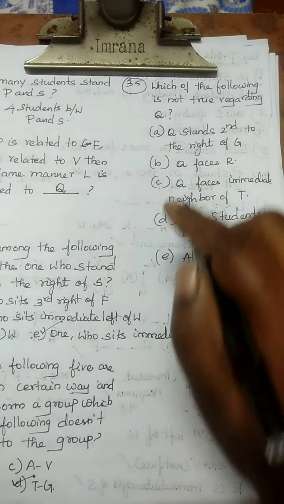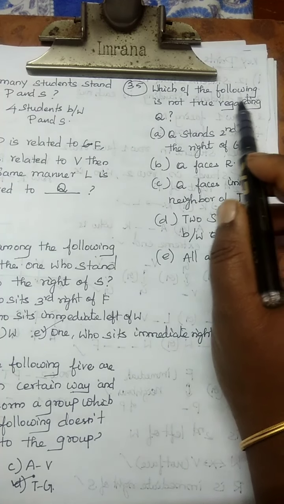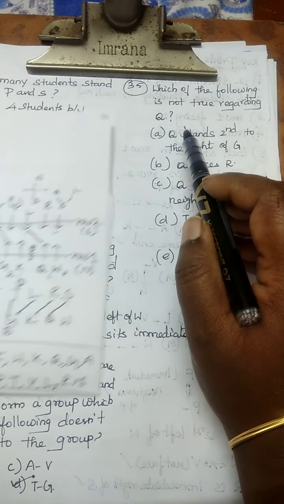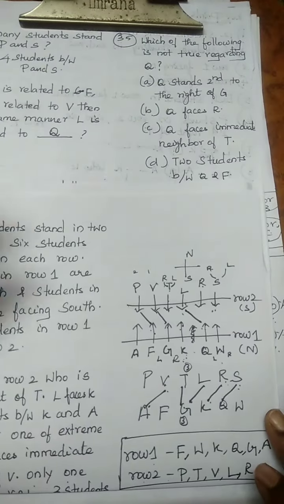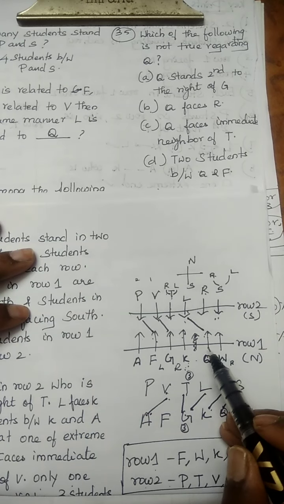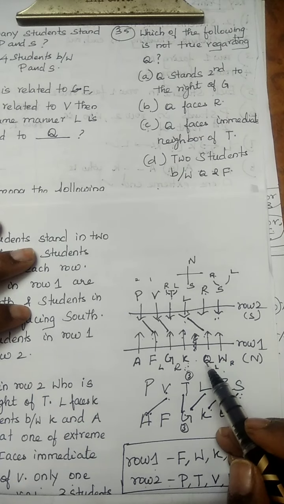Now we are moving to the 35th question. What's the question? Which of the following is not true regarding Q? See, the options are here. Where is Q? Q is in row 1 facing north direction.